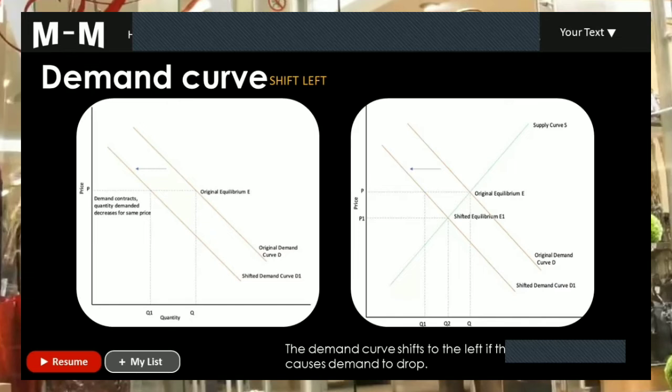However, if a news report comes out that associates the candy bar with something bad, like cancer, demand would decrease regardless of whether the price also decreases. This would cause the demand curve to shift to the left. Other factors that shift the demand curve to the left include market saturation, long product lifespan, or an out-of-style product.